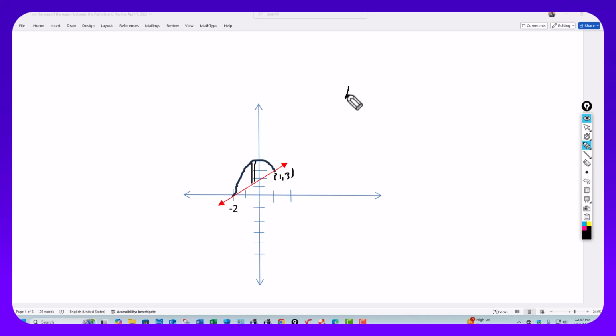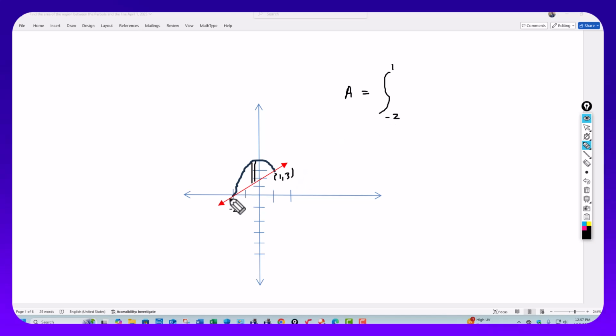So the area is going to be from this point, minus 2, all the way to this point over here. So it's going to be from minus 2 to 1. And this is the representative rectangular strip. And of course, what the integral does is it sums all these little rectangles up to give a pretty good approximation of the area between the two curves.